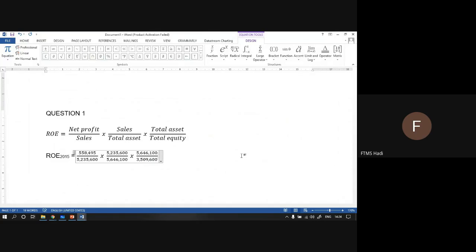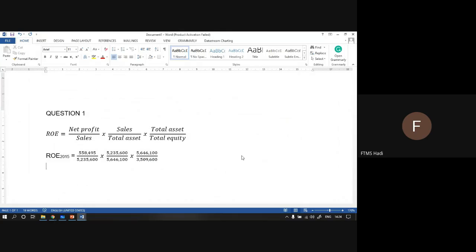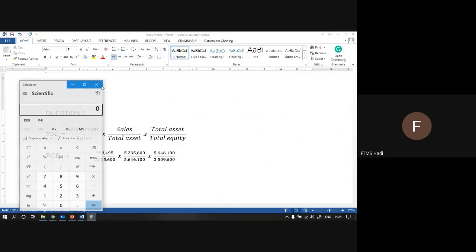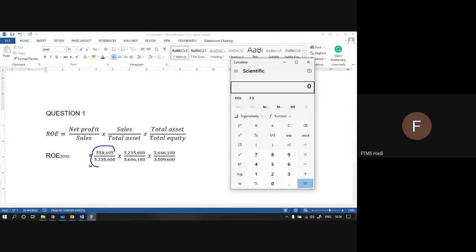So you can calculate one by one. You can press the calculator. All right, divide this one first. 558,495 divided by 523,600.